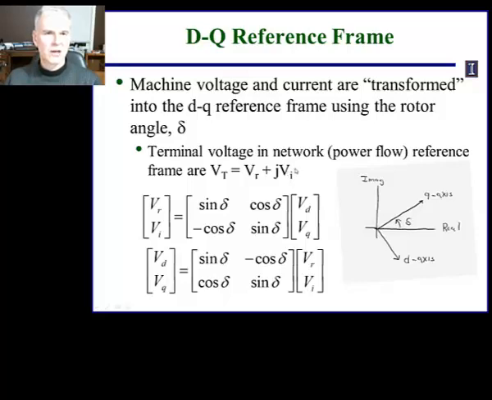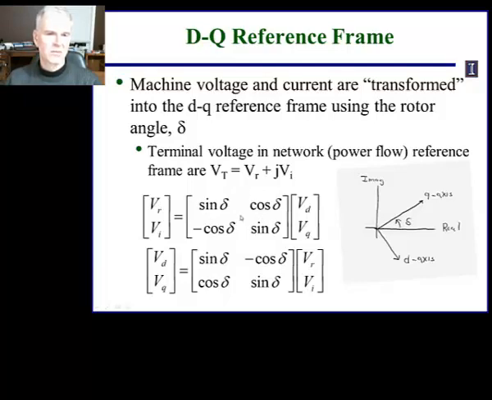Then we'll do a coordinate transformation by shifting by delta, where if we want to express the network equation values VR and VI in VD and VQ, we just multiply them by this 2 by 2 matrix here. And if we want to shift the DQ back into the network reference frame, we multiply by this transformation matrix right here.